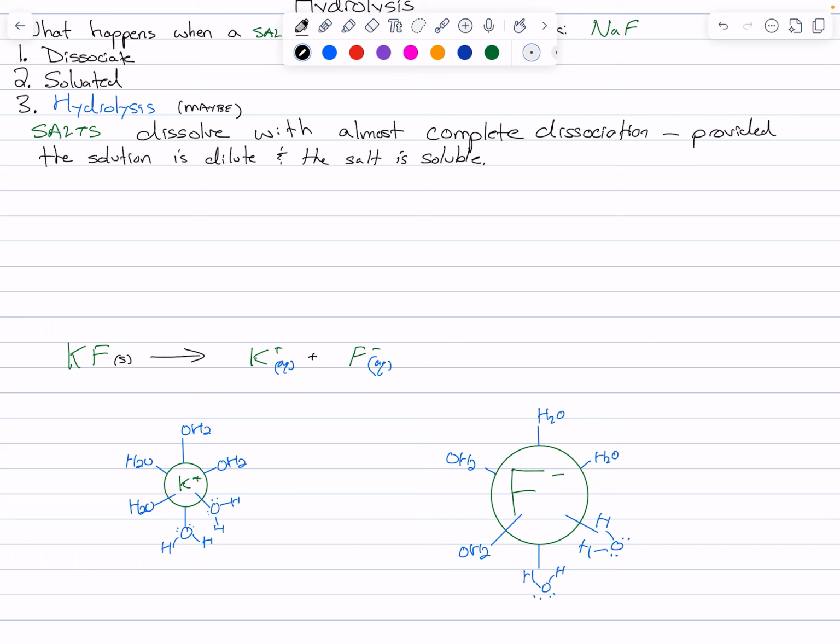Okay, now, assuming that we have a soluble salt like sodium fluoride or sodium chloride, but sodium fluoride is our example, although I put down potassium, so we'll change that to potassium.